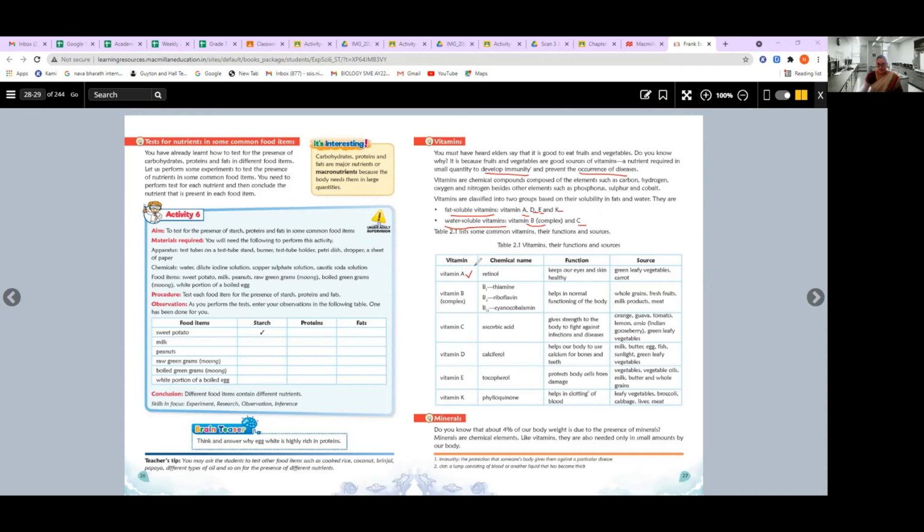Vitamin A, chemical name retinol. Its function is to keep our eyes and skin healthy. The sources are green leafy vegetables and carrot. Vitamin B complex: vitamin B1 is thiamine, vitamin B2 is riboflavin, vitamin B12 is cyanocobalamin, and if we add one more, vitamin B5 is pyridoxine.